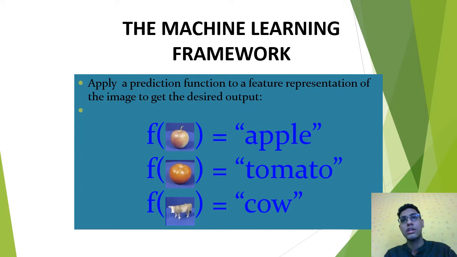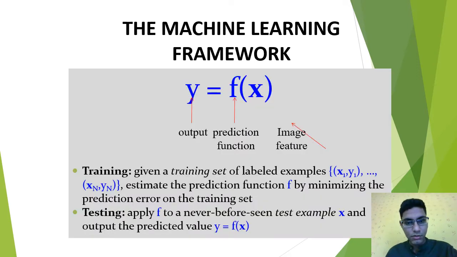If we consider an image of an apple as input, it will be processed by the function, and if it is true, then the machine learning will tell you that yes, this is the true thing. In this example I have shown you images of an apple, a tomato, and a cow. Further I'll be telling you more about the examples, how the training is done and how the testing is done. So y equals f(x).